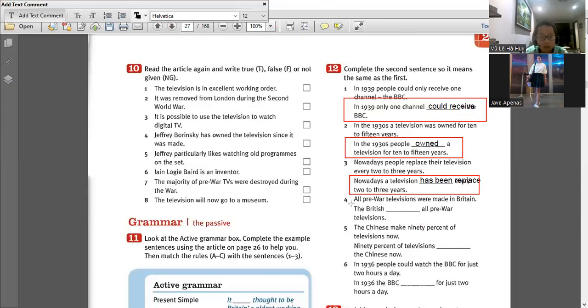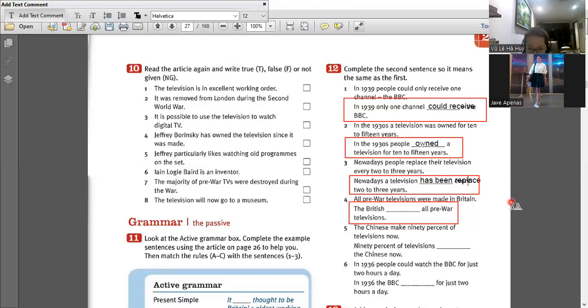Okay. And number 4. The British all pre-war television screen in Britain.